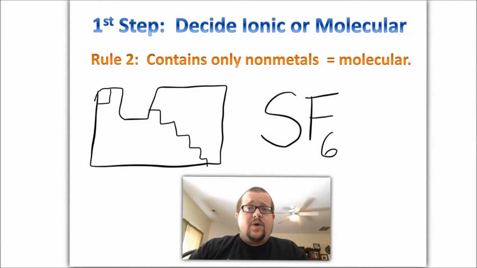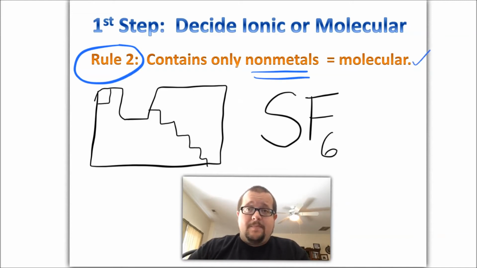So let's continue on with our first step of deciding whether we have a molecular or ionic compound. Now, rule number 2 is, if we have only nonmetals that are making up our substance, we're looking at a molecular substance that we're going to need to name. Nonmetals, just a reminder, are on the upper right side of the periodic table, on the upper right side of the stair step.